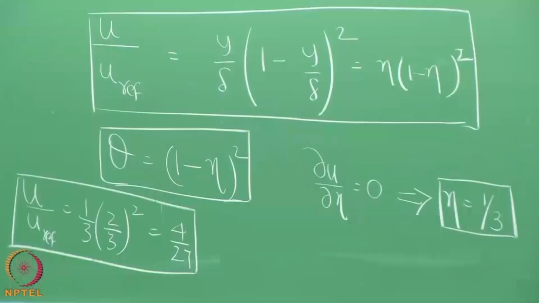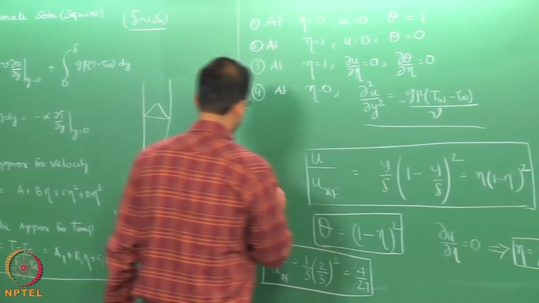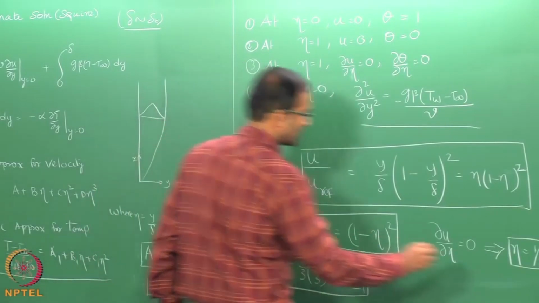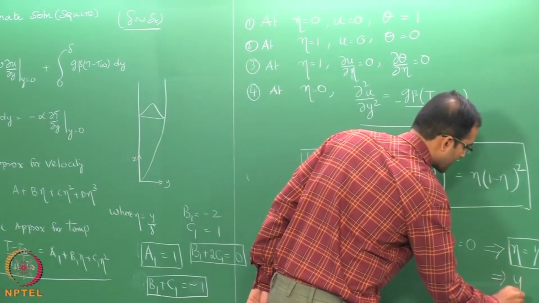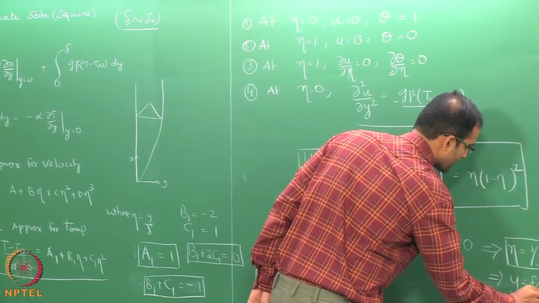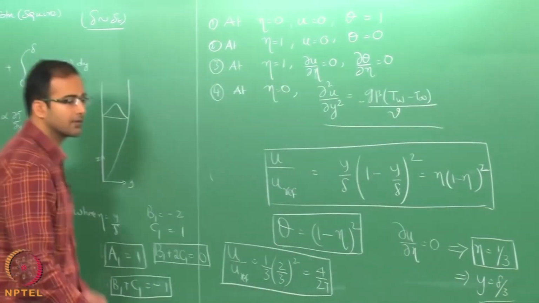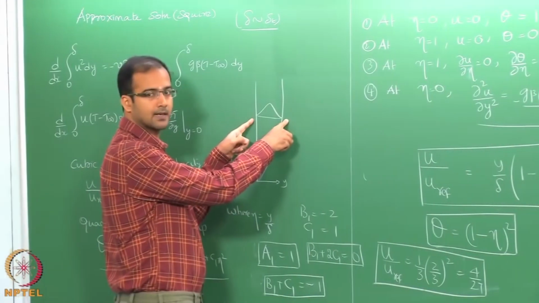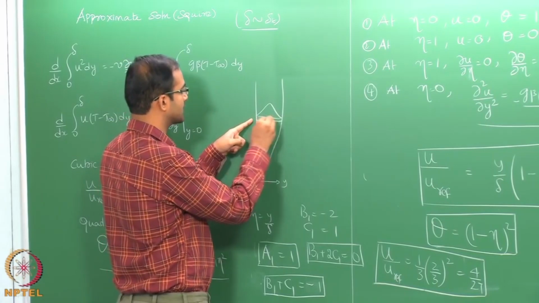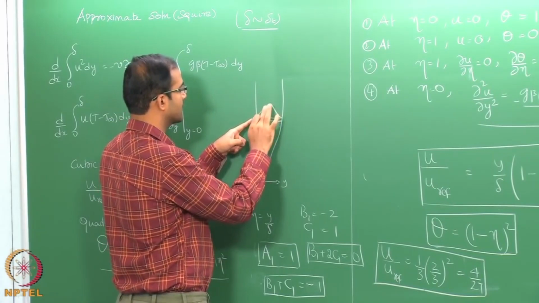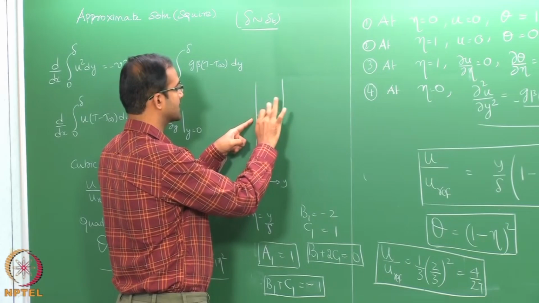Okay. So, eta equal to 1 by 3. What is the corresponding value of y? So, y therefore is delta by 3, correct. If this is your boundary layer thickness delta, it is 1/3 of this. We are actually not drawing this correctly here.